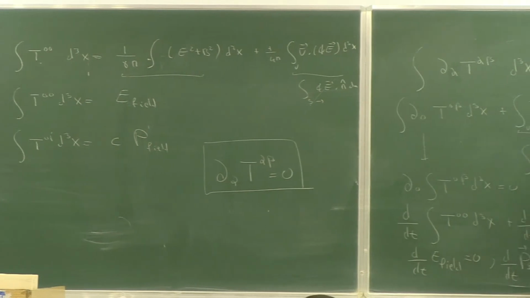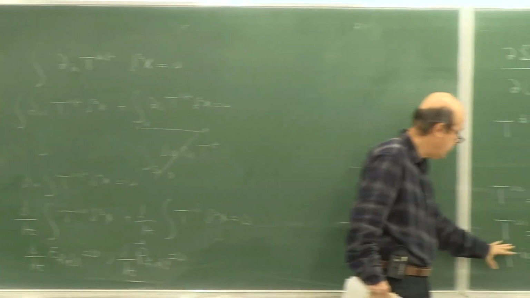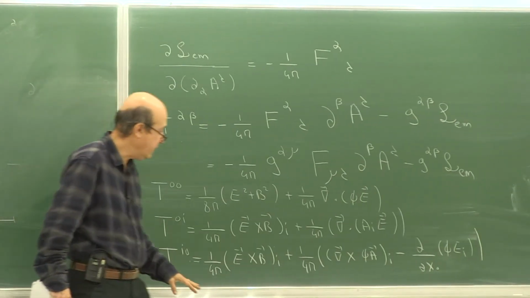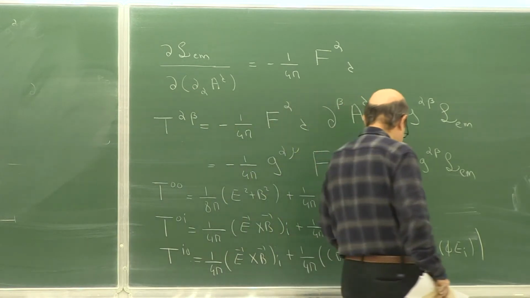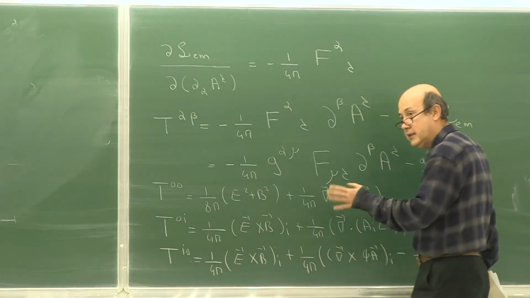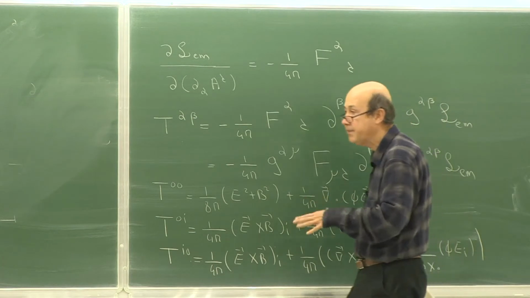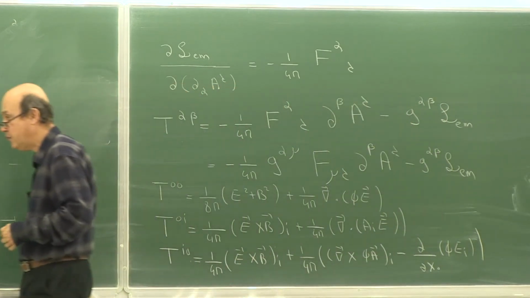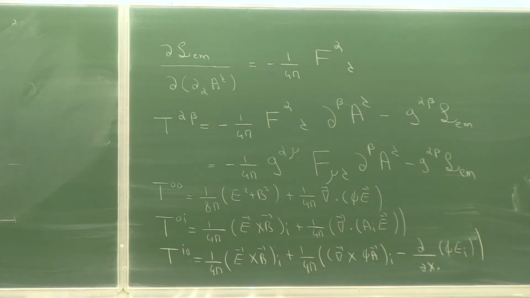And the tensor also has gauge dependence. So for different potentials, this tensor is changing. So then we have to develop a symmetric stress tensor and see the forms of the conservation laws.